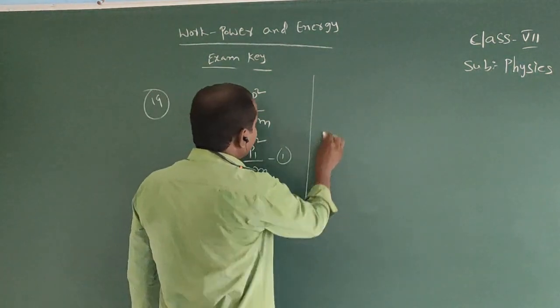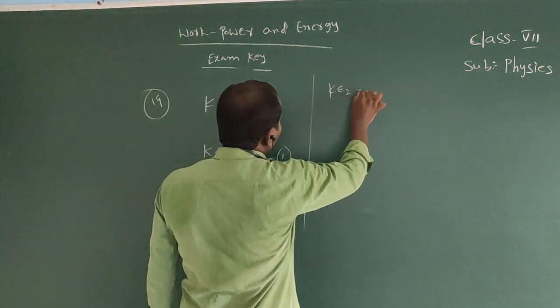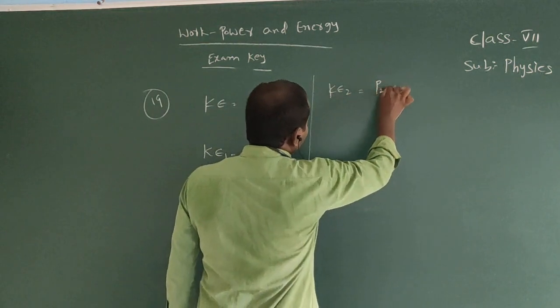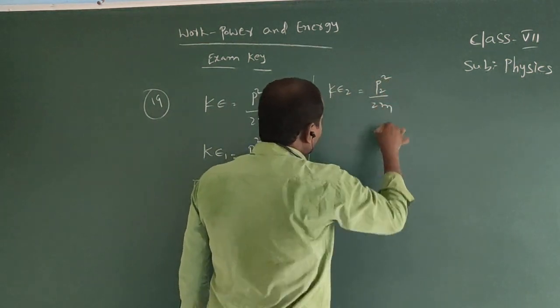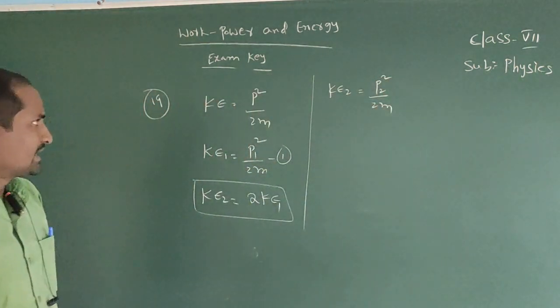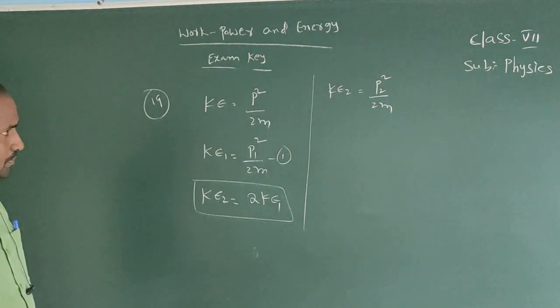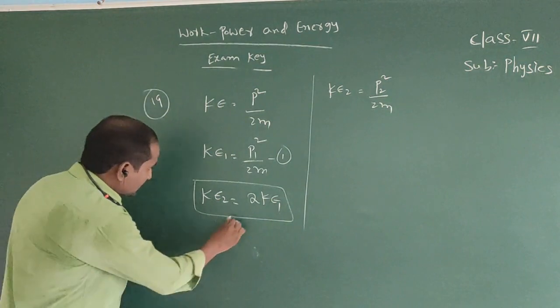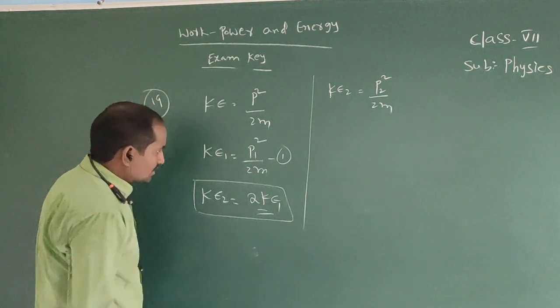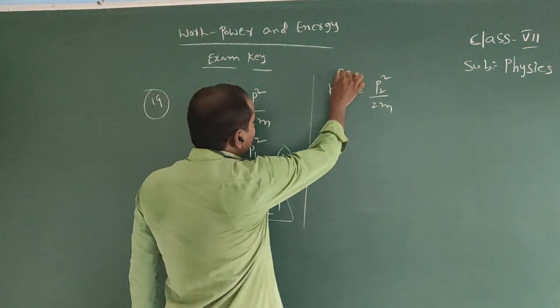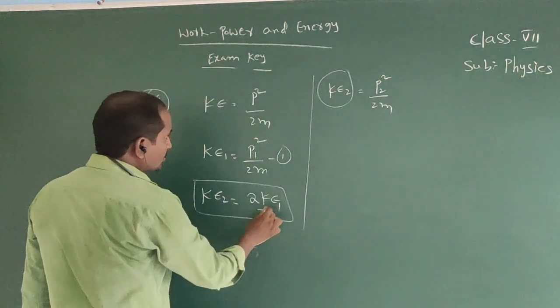So here we can write KE2 equals P2 square by 2m. But here KE2 equals how much? 2 KE1. So in the place of KE2 we can write 2 KE1.